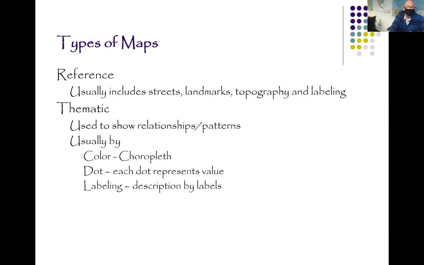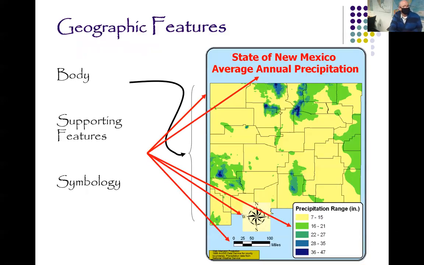Good enough. So as far as how a map is labeled, this is the anatomy of a map, if you will. The three basic parts are the body of the map, which is where you see the data or the features of the map, and then you have the supporting data, such as the title and the legend and the north arrow and scale, data citation, projection information, name, date.